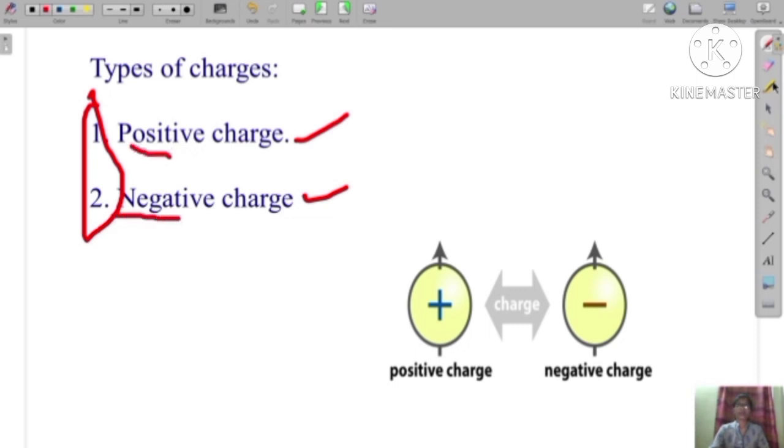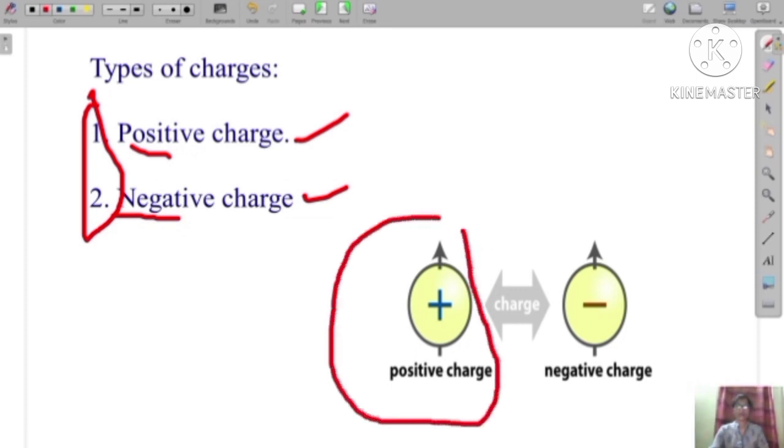We denote positive charge by plus symbol. You can see here we denote the positive charge by plus symbol and the negative charge by minus symbol. So positive is denoted by plus and negative is denoted by minus.